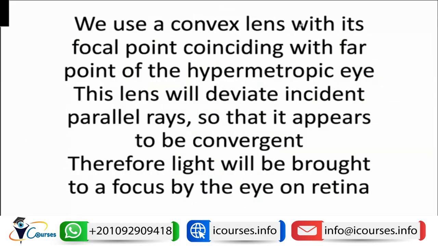So we use a convex lens with its focal point coinciding with the far point of the hypermetropic eye. This lens will deviate the incident parallel rays so that they appear convergent. Therefore, the light can be brought to a focus on the retina.